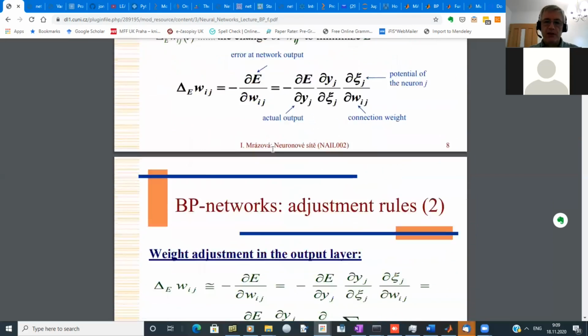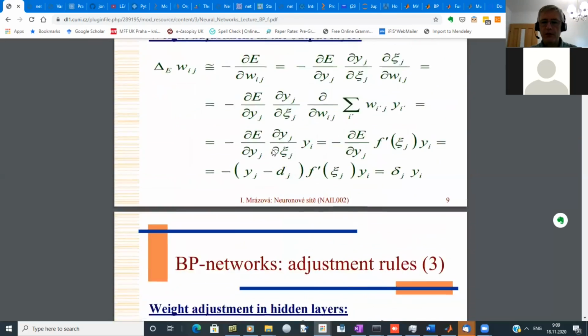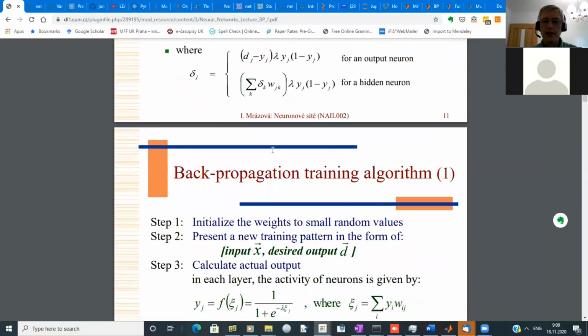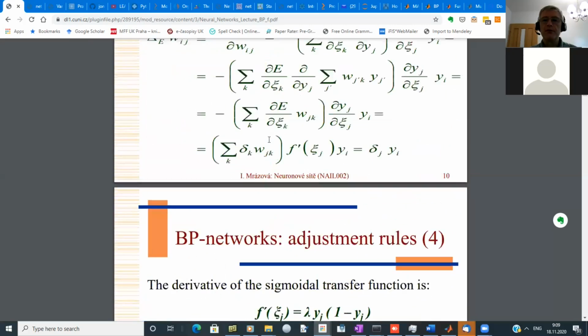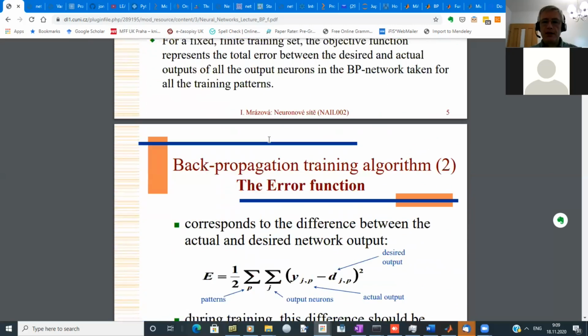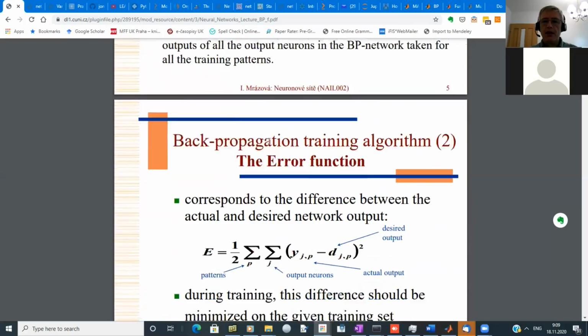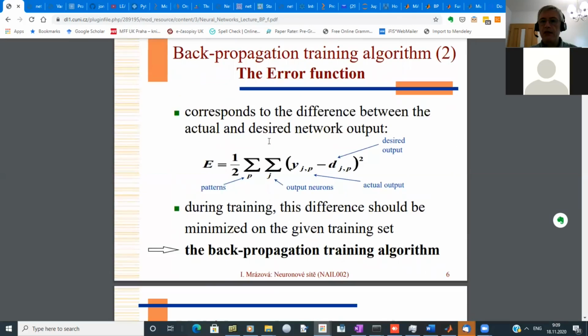Here is a derivation of how to adjust weights in such a network when we train the network. If we have such a network, then we train it similarly as we train a perceptron.